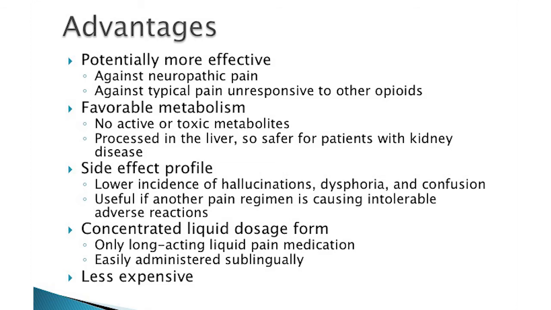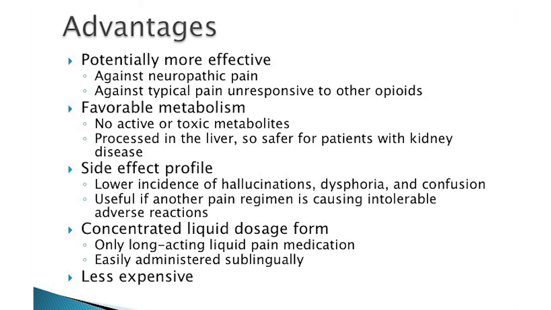Next, there's the favorable metabolism of methadone. It has no active or toxic metabolites, and it is processed in the liver, so it's safer for patients with kidney disease. At the age of most of our patients, a lot of them have some kidney dysfunction, and in that case, morphine is not considered the best choice. It might also be a good option when the patient's not tolerating their other opioid well.